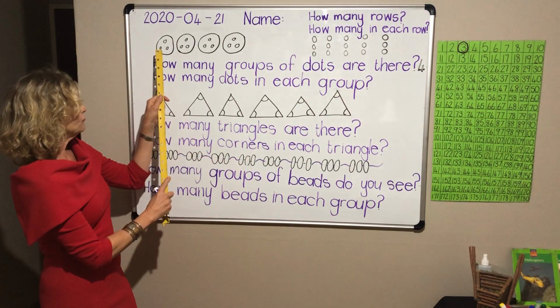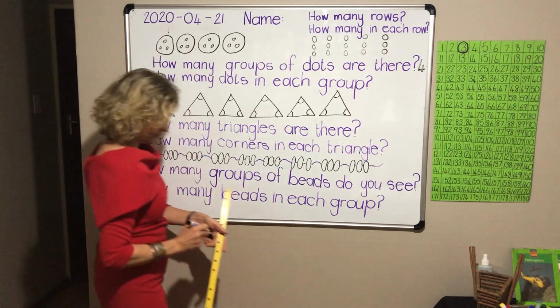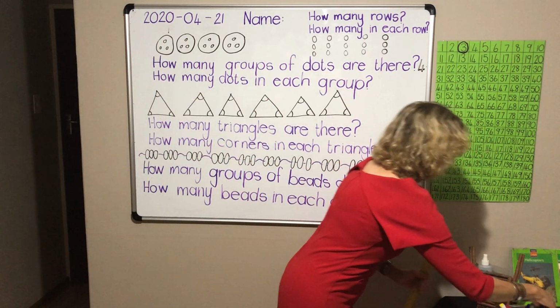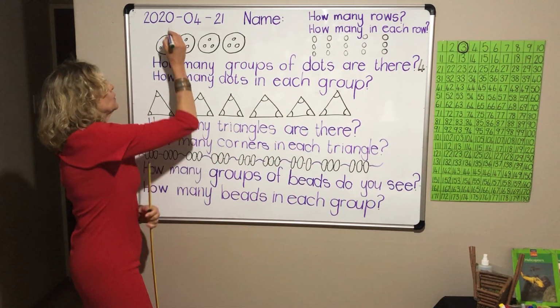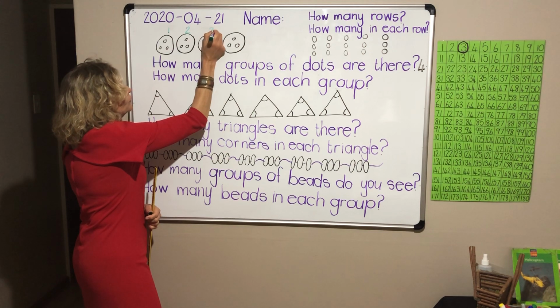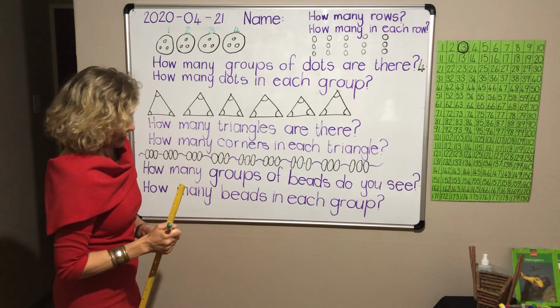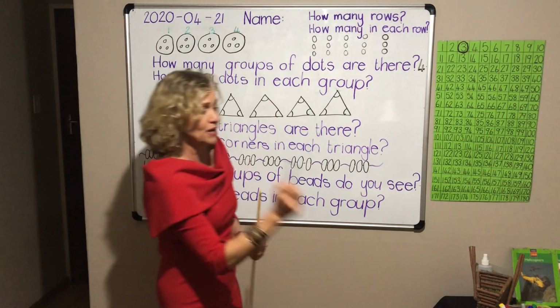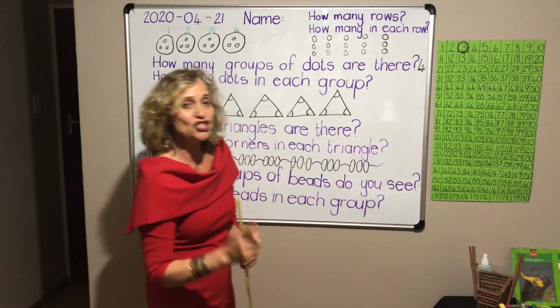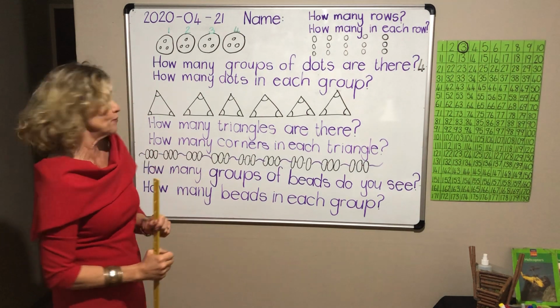Now, apart from the groups, which are 1, 2, 3, 4, we have the same amount in each group, and that is where adding groups comes from.